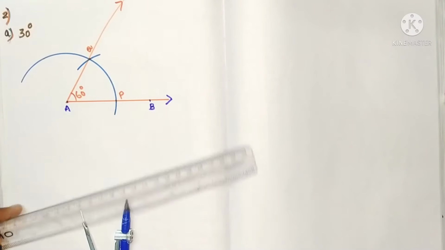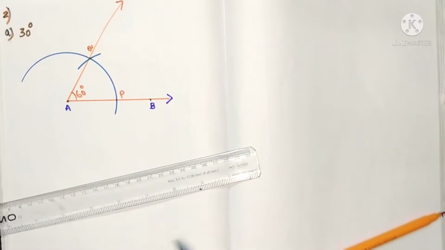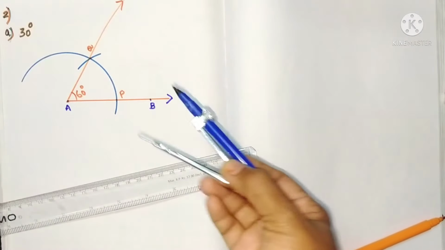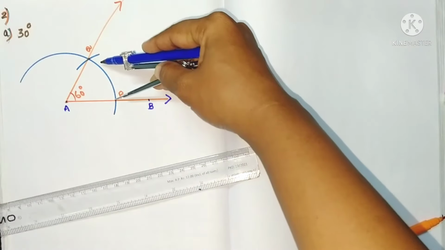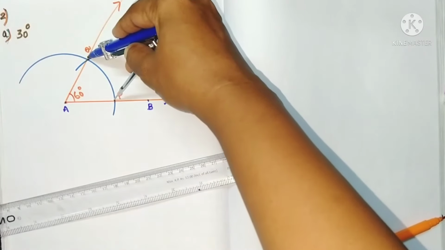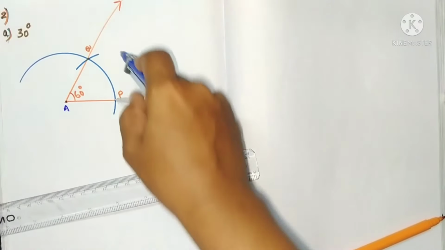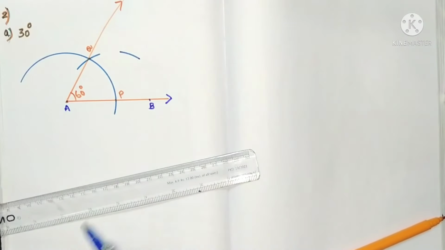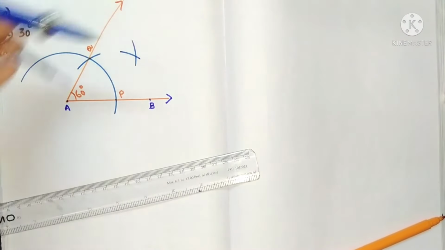But here we have to draw 30 degrees. So now with the same radius, or you can take more than half of PQ, any radius you can take. From P, draw an arc, and again from Q draw another arc.